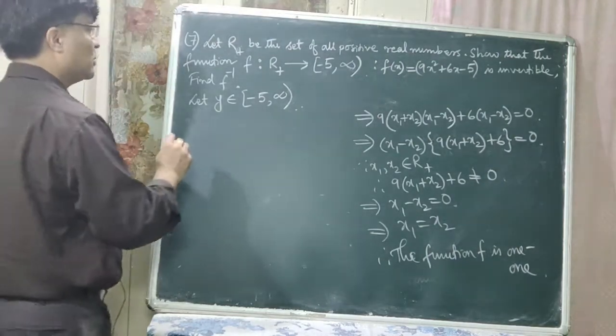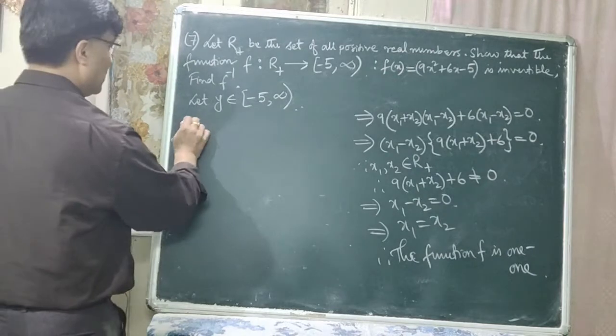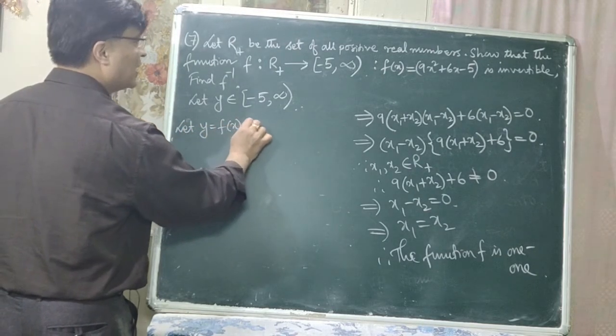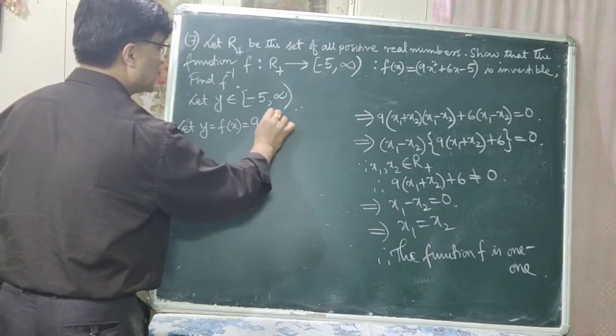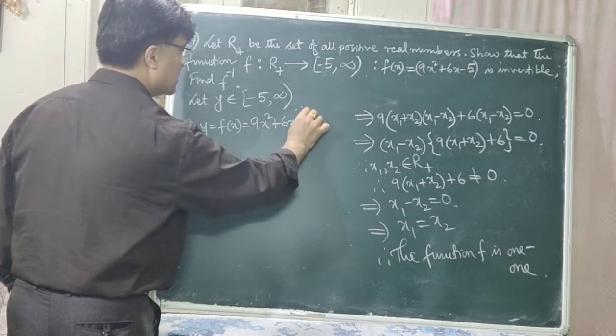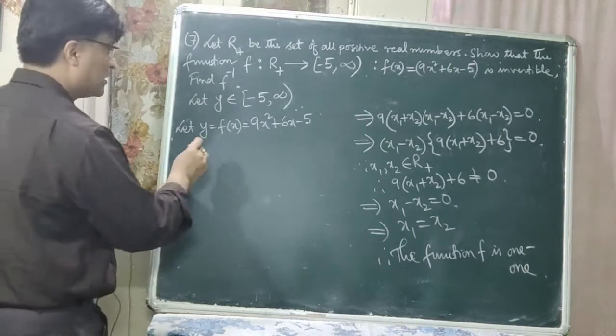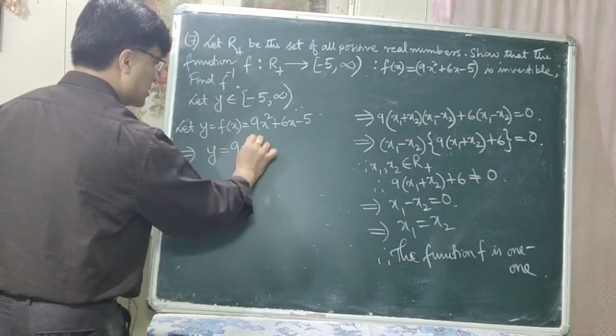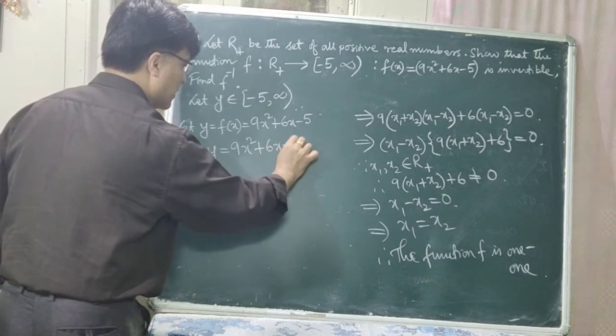Okay, so now let y is equal to f of x is equal to 9x square plus 6x minus 5, right? Which implies that y is equal to 9x square plus 6x minus 5.